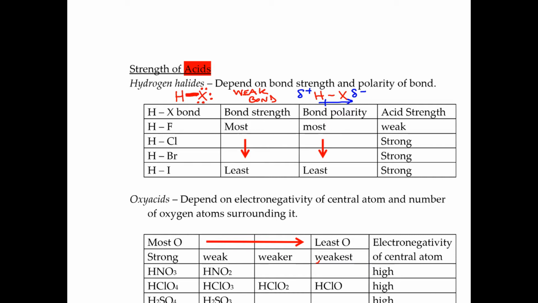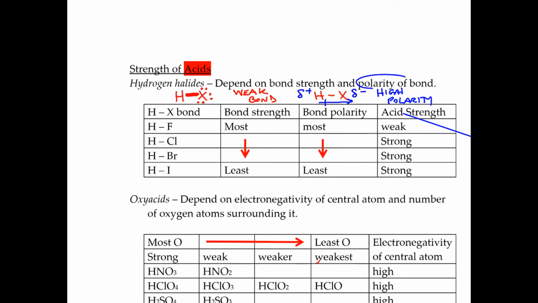Either way, you know the electrons are going towards the halogen. So the more the halogen pulls these electrons, the more easily this H can be given away. So you want to have a high bond polarity.